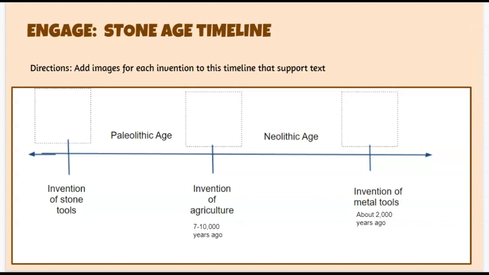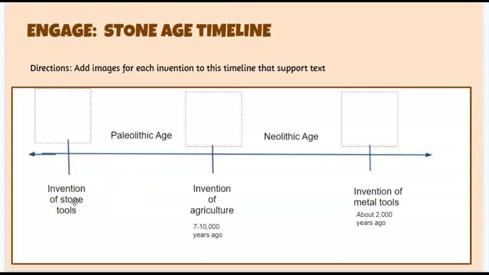And then the final activity for everyone is to create or add some pictures, images to this Stone Age timeline. Stone Age, early humans, it's all happening at the same time. And you are welcome to search the interwebs.